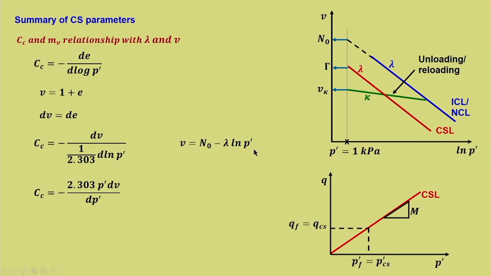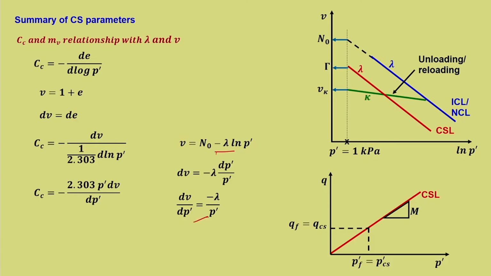Now, we have the expression for the normally consolidated line as V equals N naught minus lambda ln P dash. If you differentiate this, you get dV equals minus lambda dP dash by P dash. So we can write dV upon dP dash is equal to minus lambda by P dash.